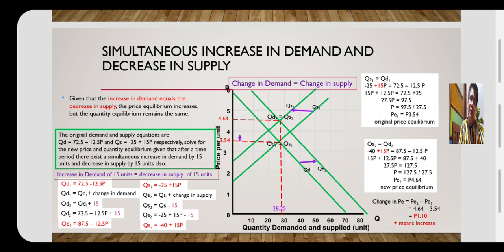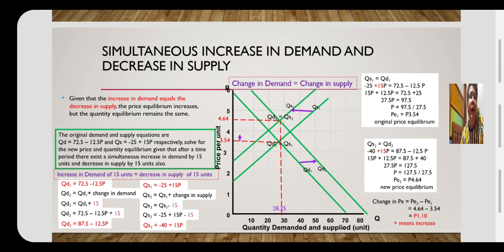And that is the same way we derive the new supply equation. The change in supply is added to the original supply equation. And since the original supply equation is negative 25 plus 15P, we can now have the new supply equation as negative 25 plus 15P minus 15.